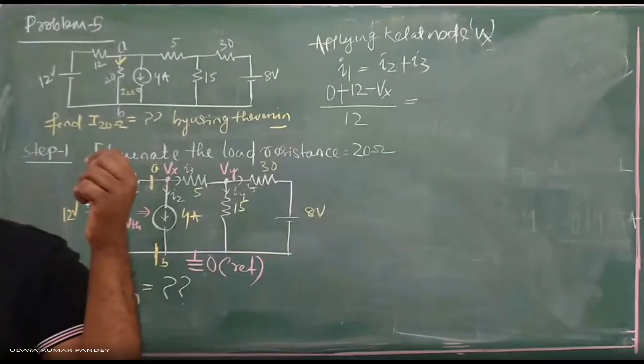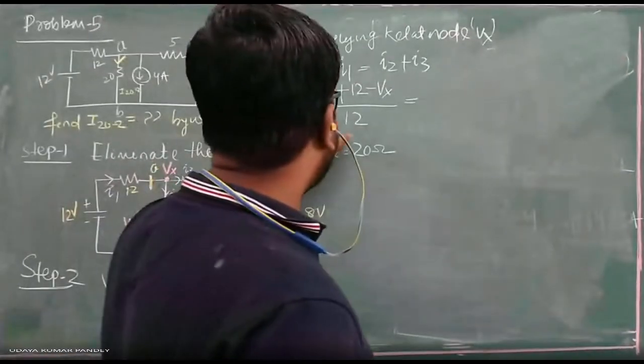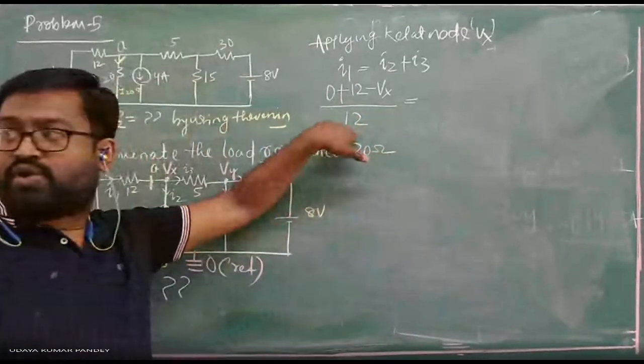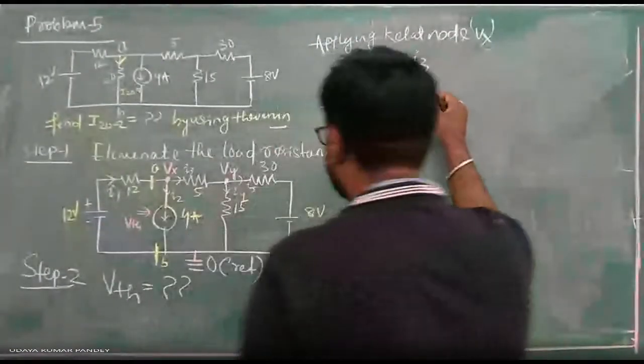Okay, my voice is audible? Yes, sir. Okay. Now 0 plus 12 minus Vx by 12. Okay.